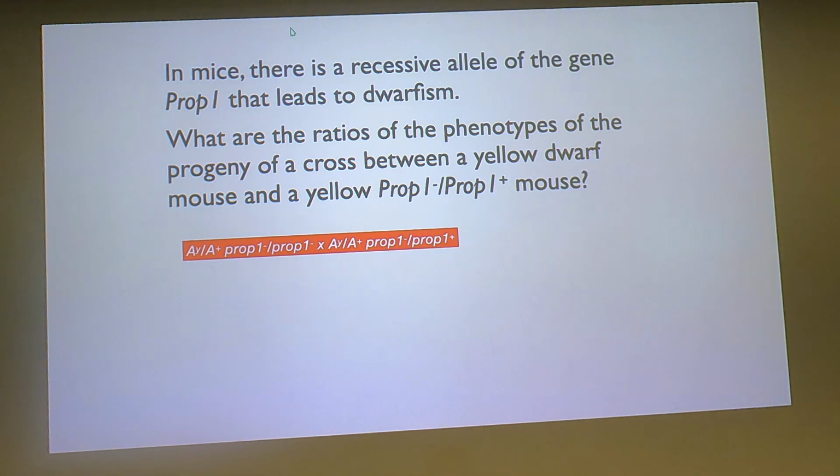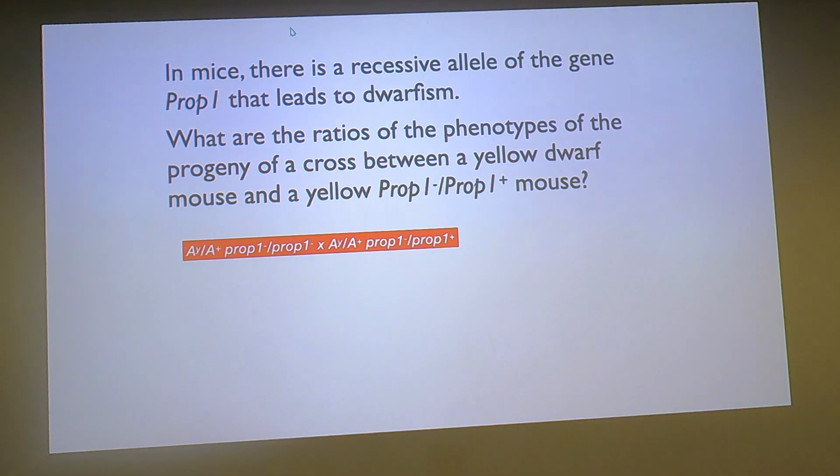Just looking at yellow, what are the phenotypes we're going to see? I'm not going to tell you, you have to tell me. Is it 2/3 yellow and 1/3 agouti?